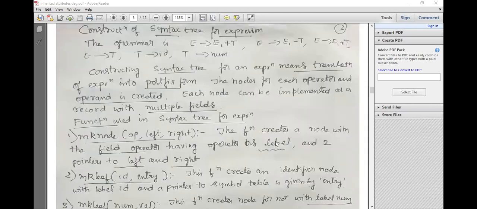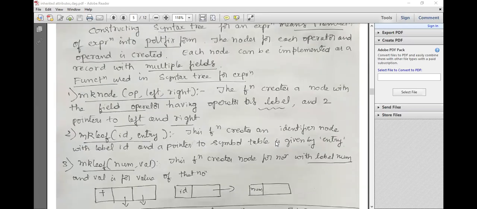Come to this syntax tree expression. Last class I explained three different functions: make node, make leaf, and make leaf. Make node creates a node with an operator field, any operator such as plus, minus, star, found in your expression.